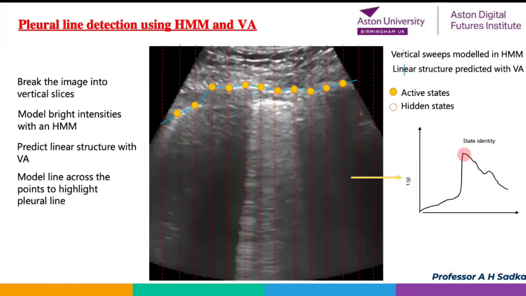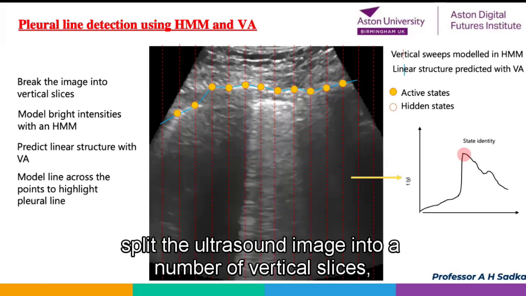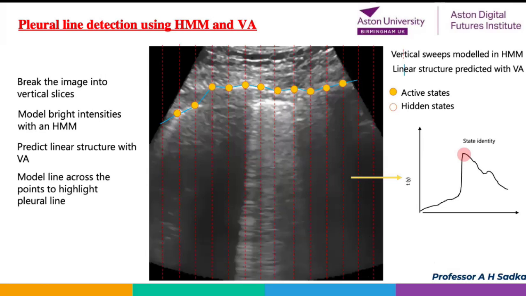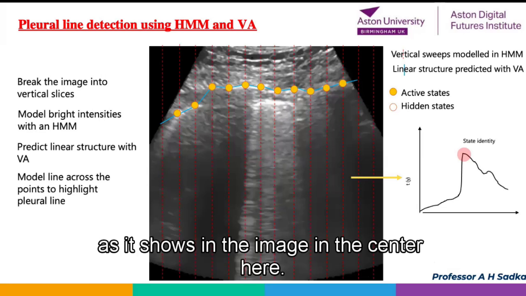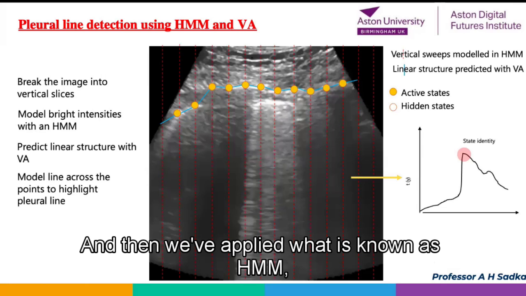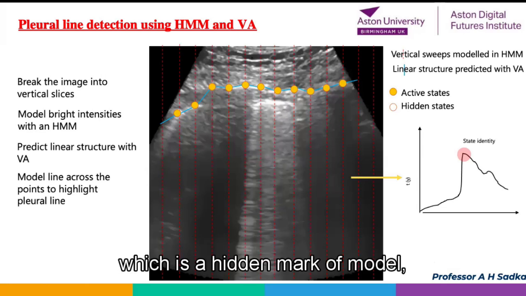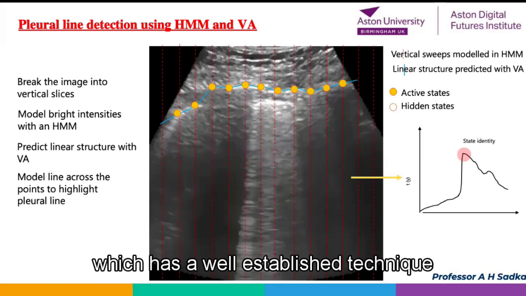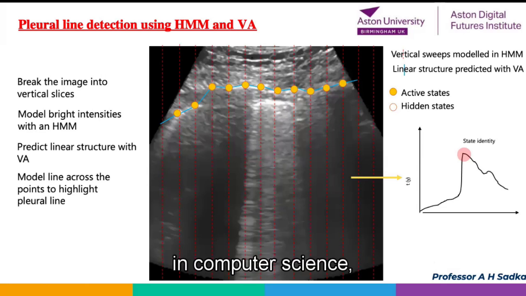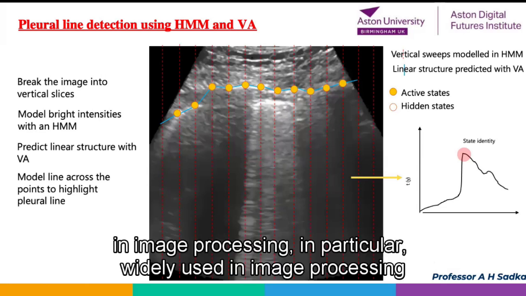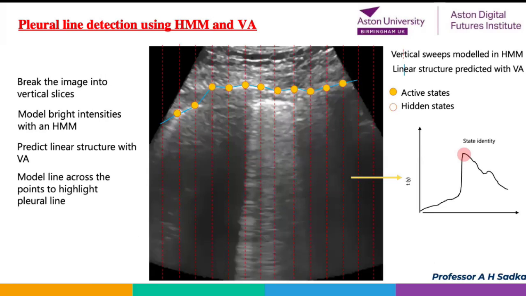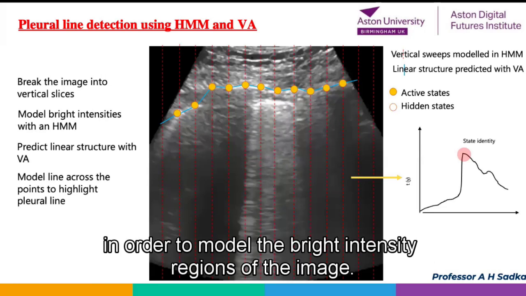We've split the ultrasound image into a number of vertical slices, as it shows in the image in the center here. And then we've applied what is known as HMM, which is Hidden Markov Model, which is a well-established technique in computer science, in image processing in particular, in order to model the bright intensity regions of the image.